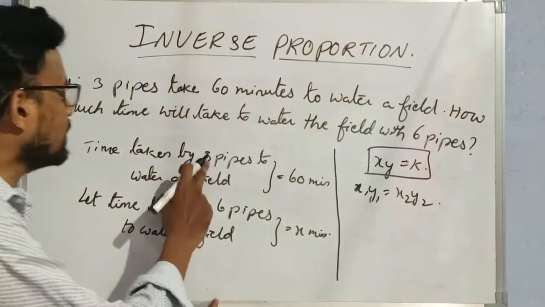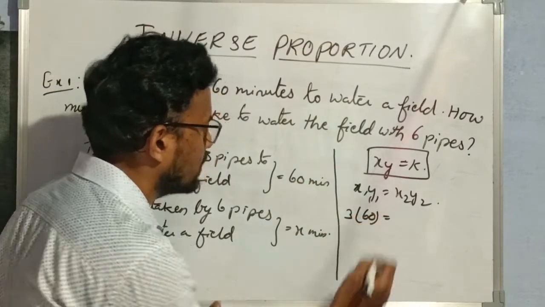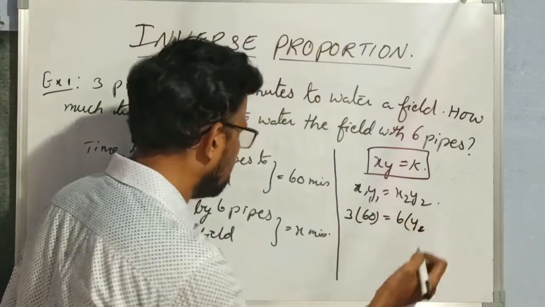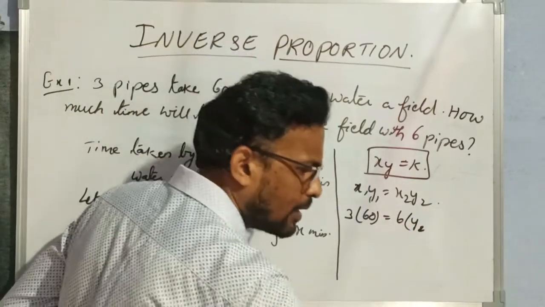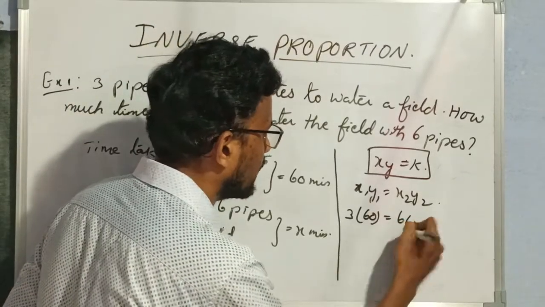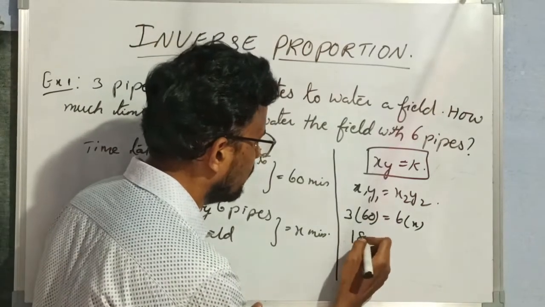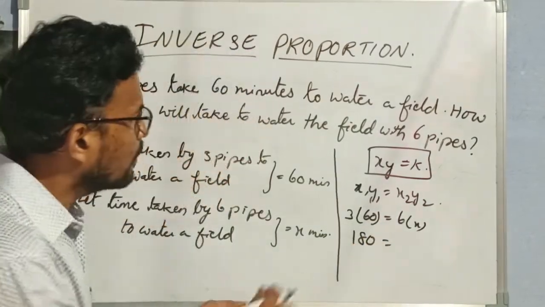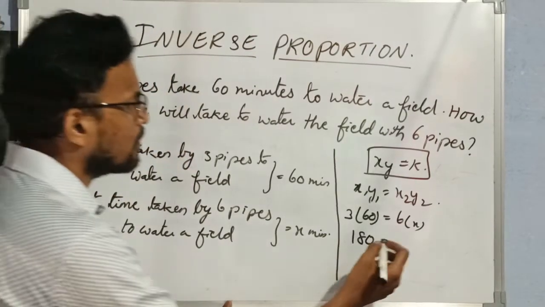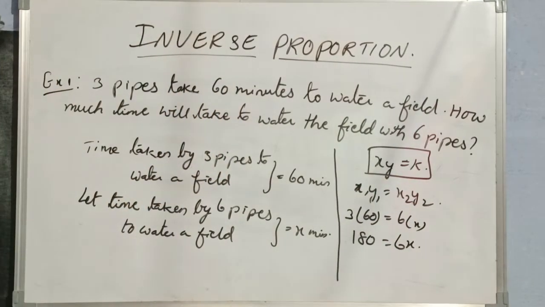So now our x1 is 3 and y1 is 60. So multiply 3 into 60 is equal to, our x2 is 6 into y2, which we don't know, so we have assumed x there. So 6 into x. So 3 into 60 is 180, which is equal to 6 into x.